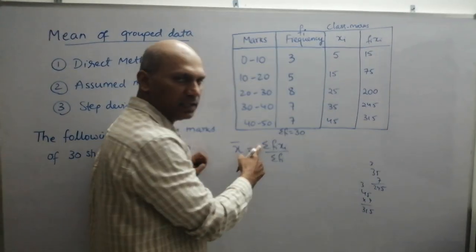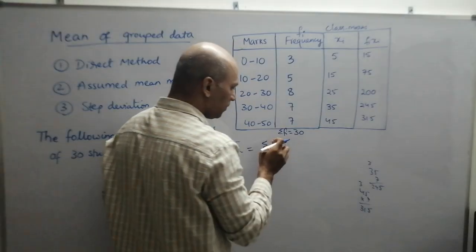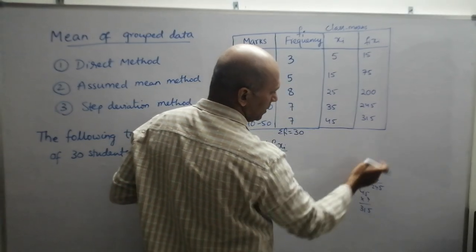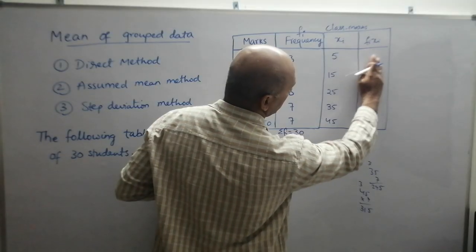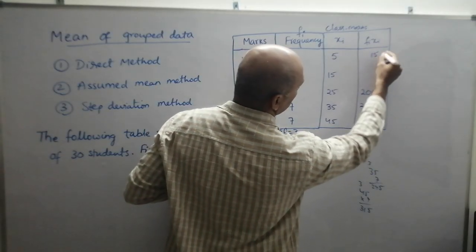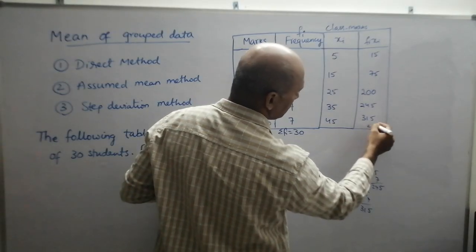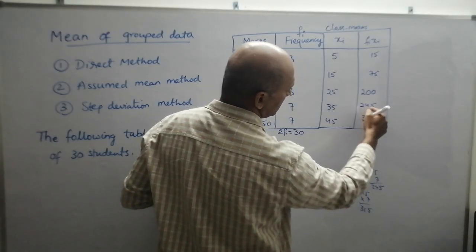Now it is sigma here. Sigma means addition, right? Sigma of what? Fi xi. That means addition of all this.